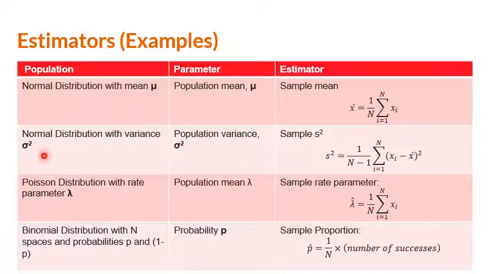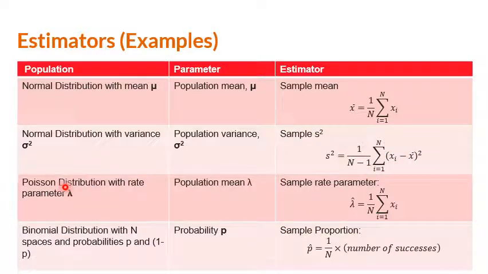Another parameter of your normal distribution is your population variance, sigma squared, and an estimator is your sample S squared given by this. This is the variance of your sample, given by the sum of the squared differences of your individual measurement per subject minus the sample mean.